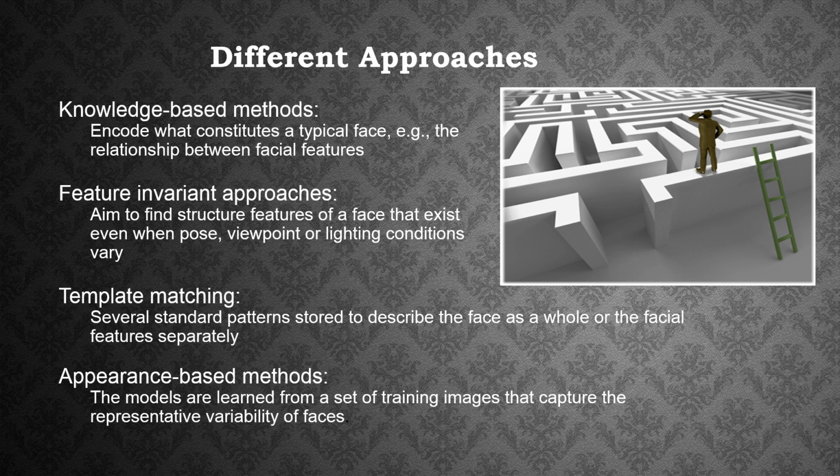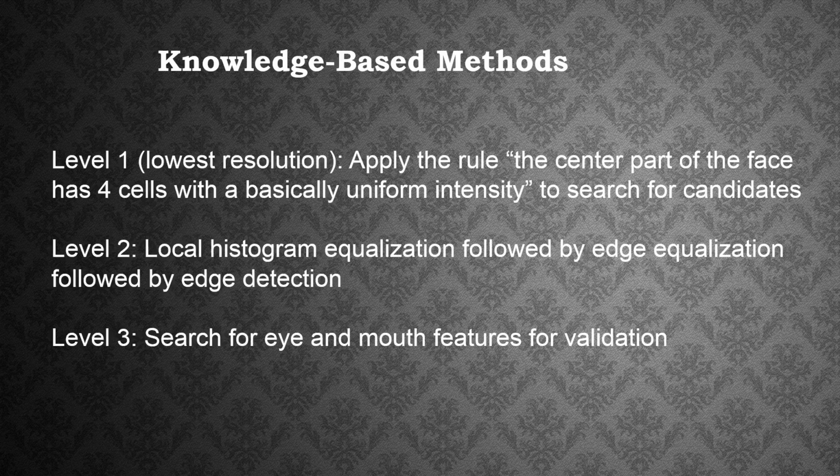These models are learned from a set of training images that capture the representative variability of faces and provide an efficient way of finding faces in the image. So we will go through each of these methodologies in detail and find what they have actually tried to implement. The first method is knowledge-based methods.